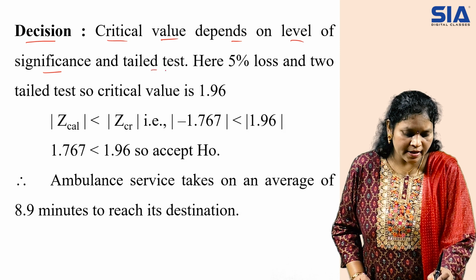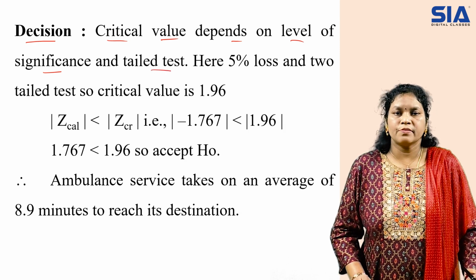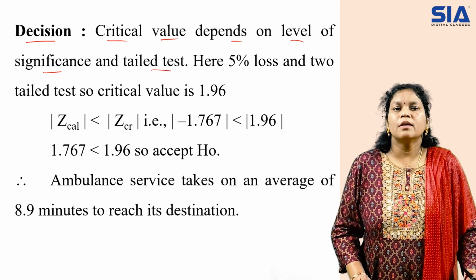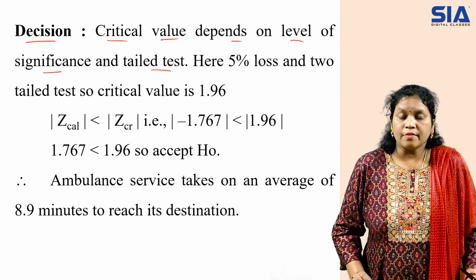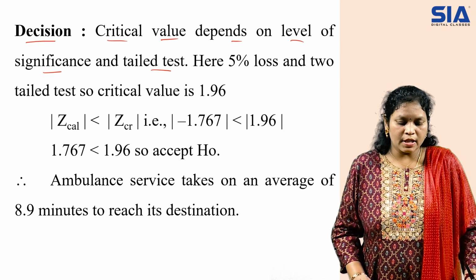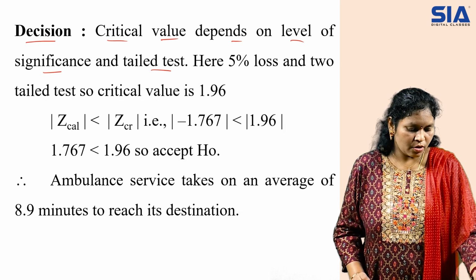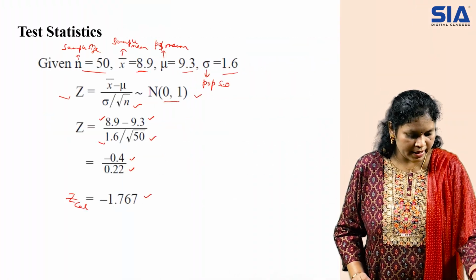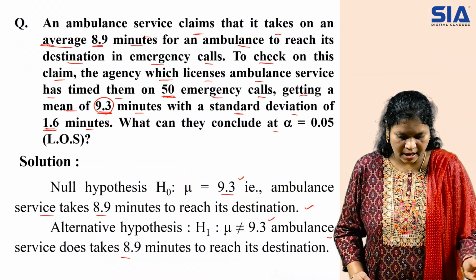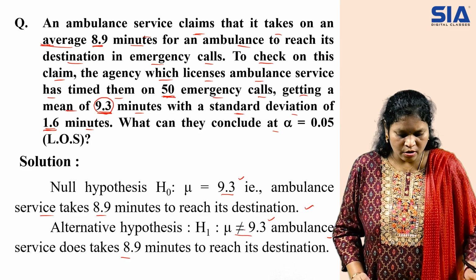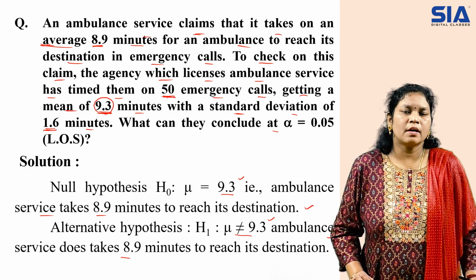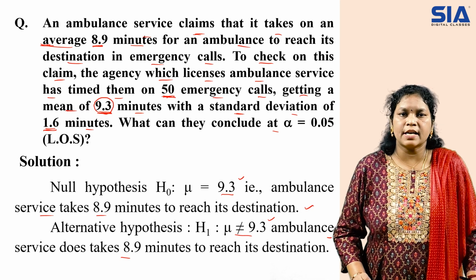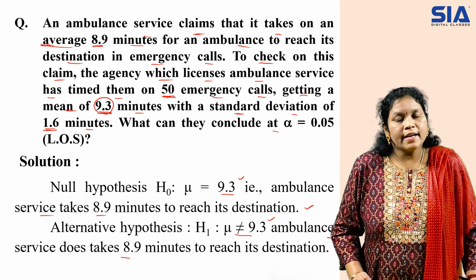The tailed test also will decide it. The tailed tests you have learned in the previous concepts, from the second unit, so check it out. Whenever you get a not equal to symbol in the alternate hypothesis, that symbolizes a two tailed test for us.